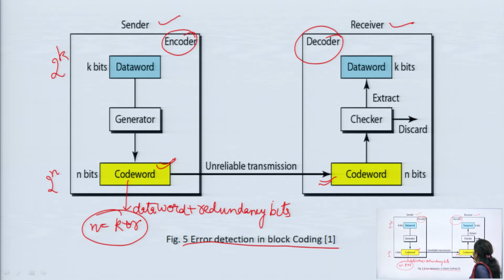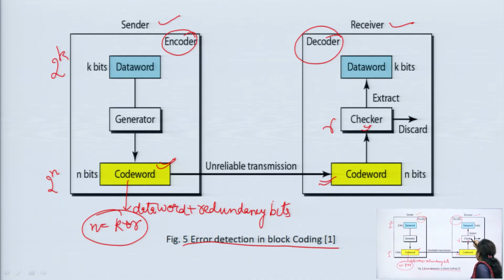Now, this code word, which consists of the original data, that is data words plus the redundant bits, is applied to the checker. Now, the checker checks the r bits with a set of combinations, to see whether an error has occurred or not.